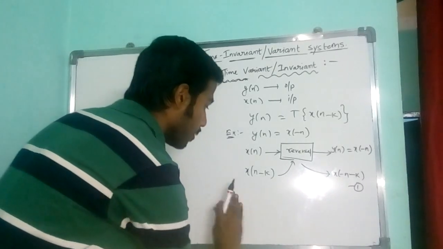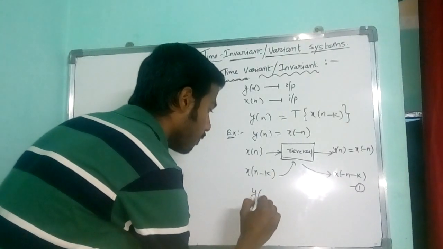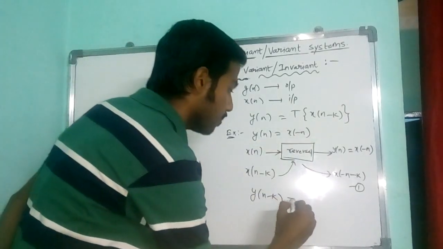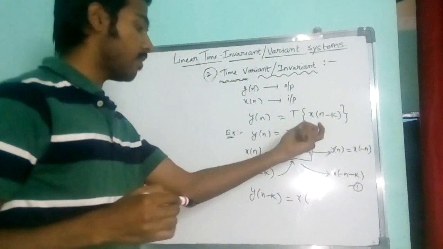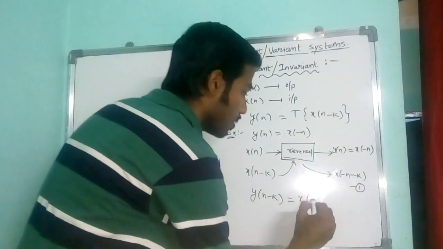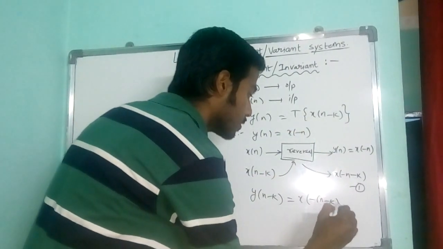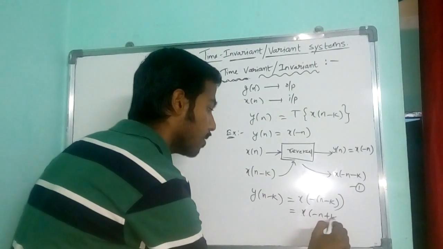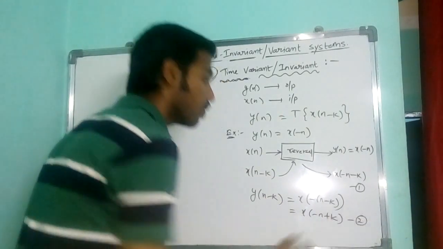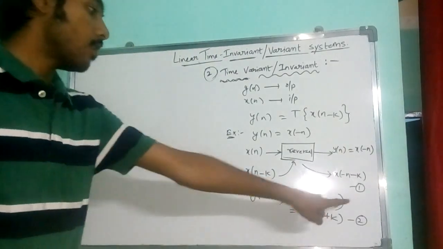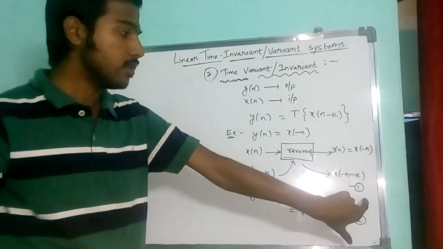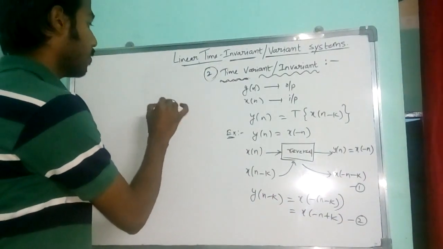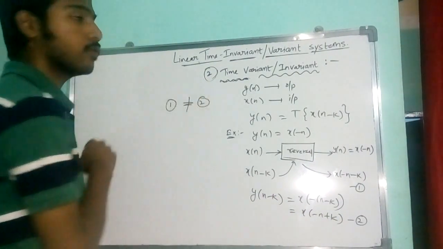Now we apply the transformation y of n minus k directly to this signal. In place of n we substitute n minus k, so minus of n minus k. This will be x of minus n plus k. This is equation 2. Now if we see equation 1 and equation 2, both are not at all equal. 1 is not equal to 2.